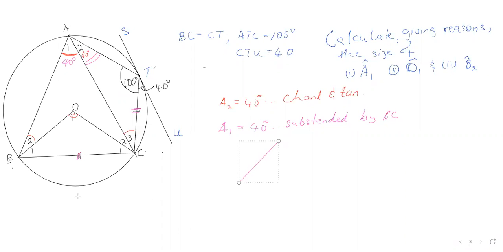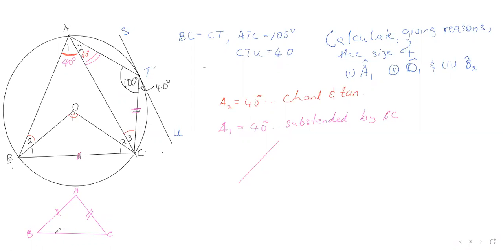Let's draw it somewhere here, and label that triangle A, B, and C. We say AB is equal to AC.